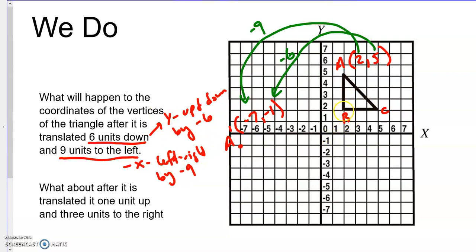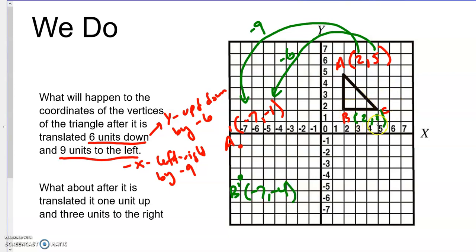We can do B as well. Down 6, over 9. And let's see what happened. B's original coordinates were 2, 2. We said the y coordinate would change by -6. So let's see, B prime is at -7, -4. And it did.